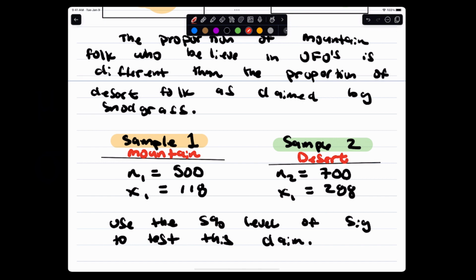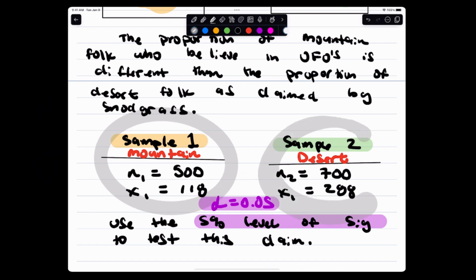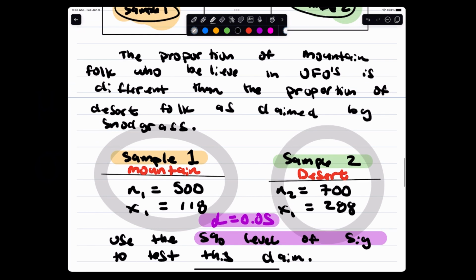Okay, so here we go. We're going to use the modern method and the 5% level of significance. So let's read this here.